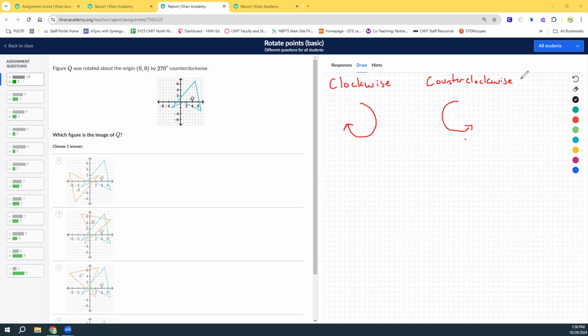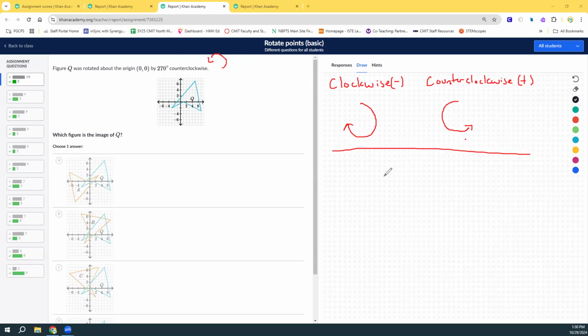Okay, so make sure you know that. Counterclockwise is considered a positive rotation, and clockwise is considered a negative rotation. So we want to go counterclockwise. We want to go this way. We want to go 270 degrees.